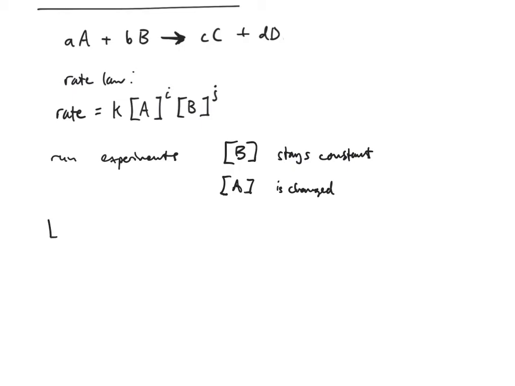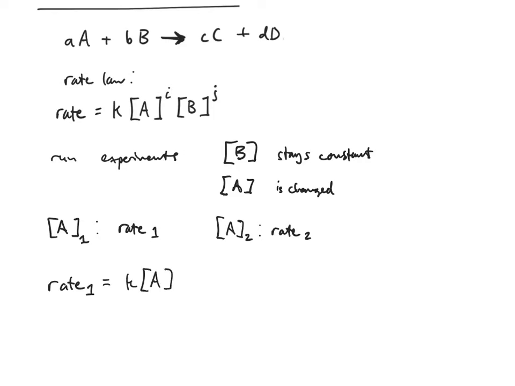So that means there's going to be one concentration of A, and it's going to produce a certain rate of reaction. And then there's going to be a different concentration of A that's going to produce a different rate. Okay, so we'll now have two different rate law expressions.